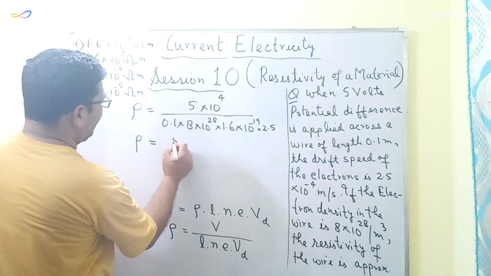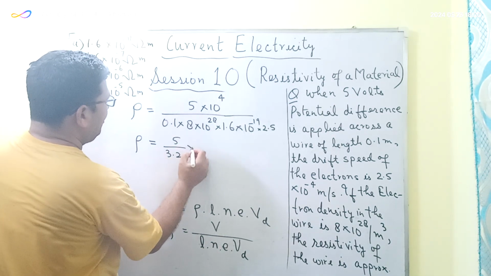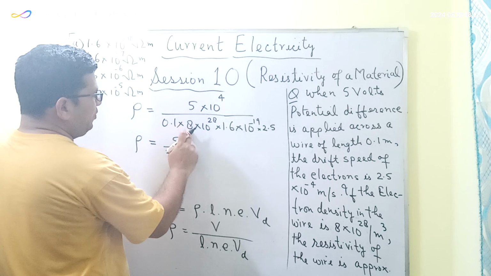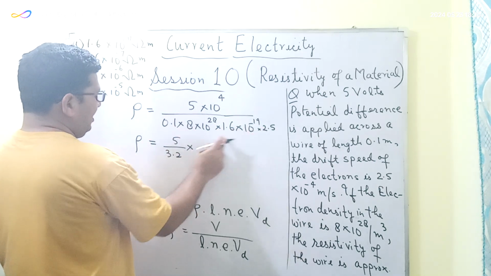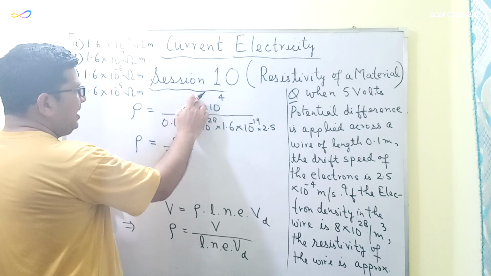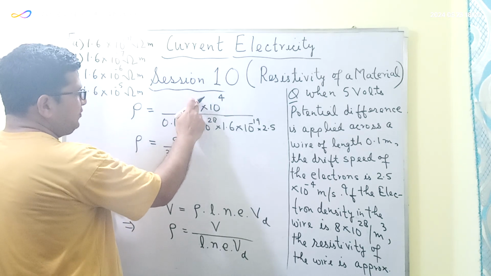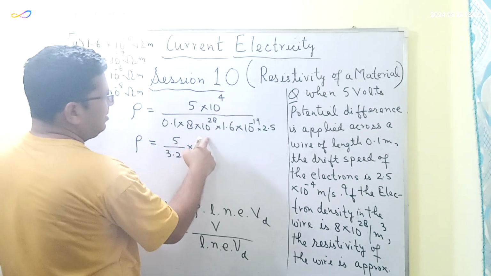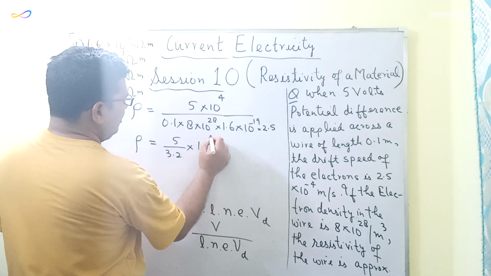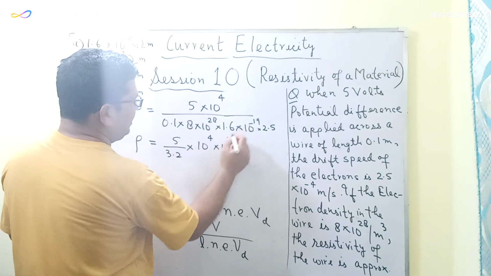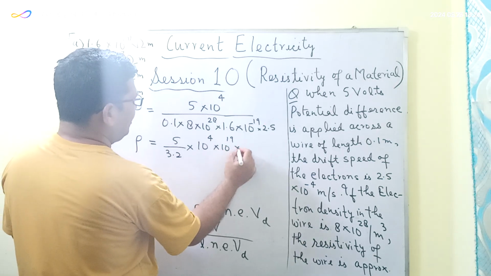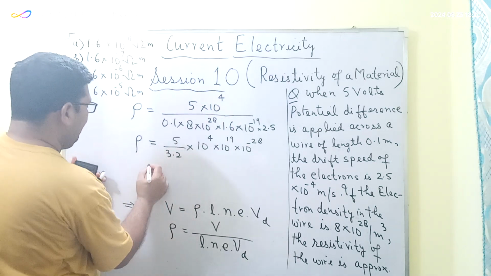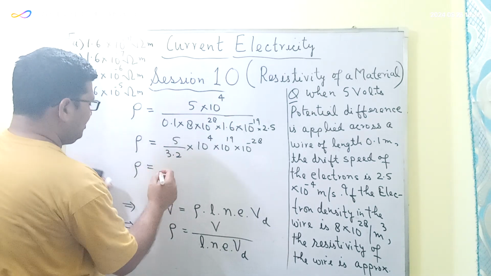So I am getting this as 5 divided by 3.2, and the powers: 10 to the power 4, into 10 to the power minus 19 gives 19, and 10 to the power minus 28, this 28 goes to the numerator and becomes minus 28.